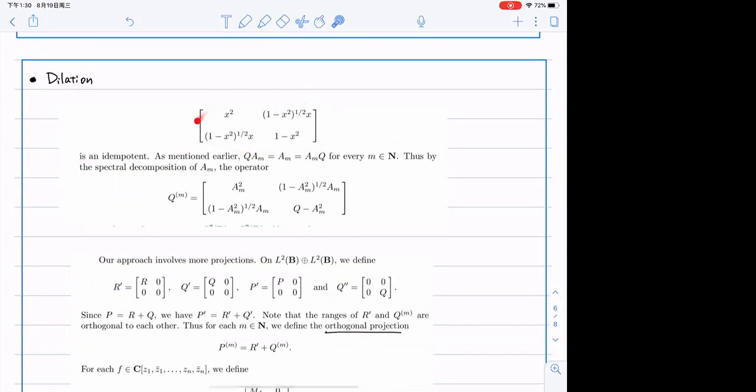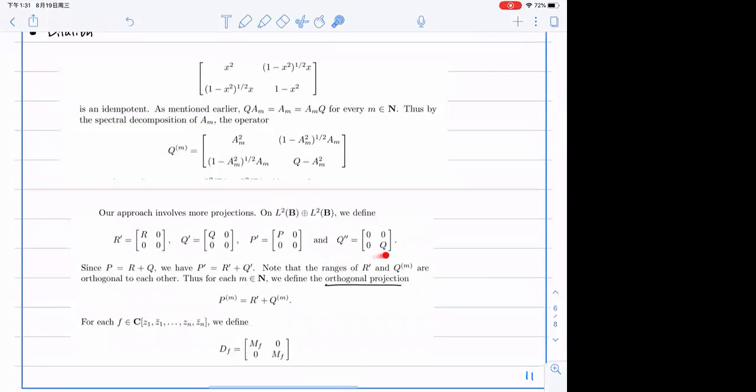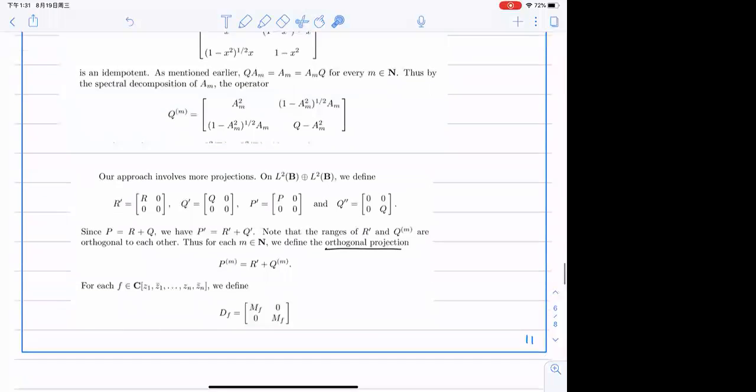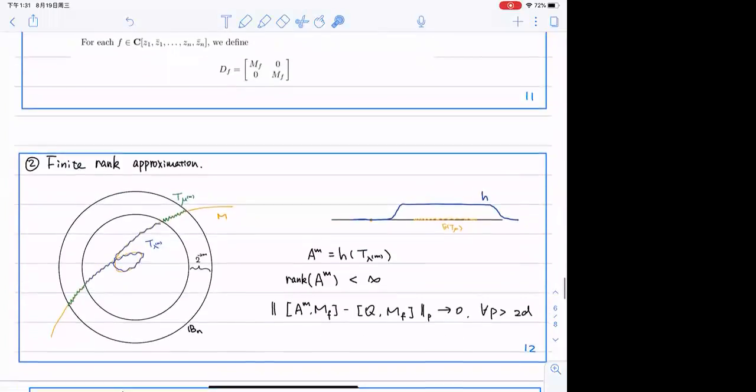This is a classic dilation matrix. We put this operator here, we get the dilation, and basically we dilate everything we are looking at, and we prove the resulting trace is the same as the previous one, and so on. So that's another ingredient we put in.